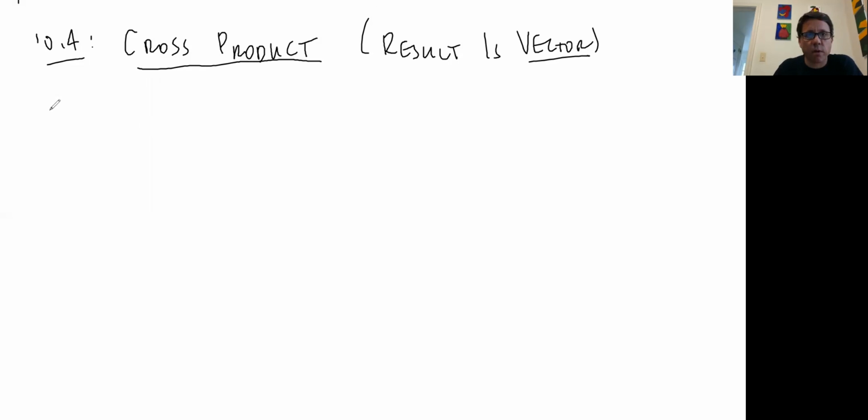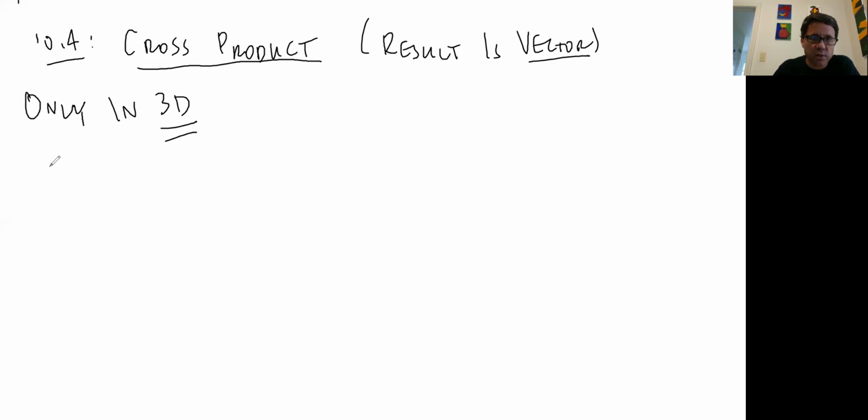And where does that come from? Well, first of all, this is only in 3D. So if we try to do the cross product of two vectors in 2D, you'd have to extend it to 3D because the answer is not going to be in 2D anymore.